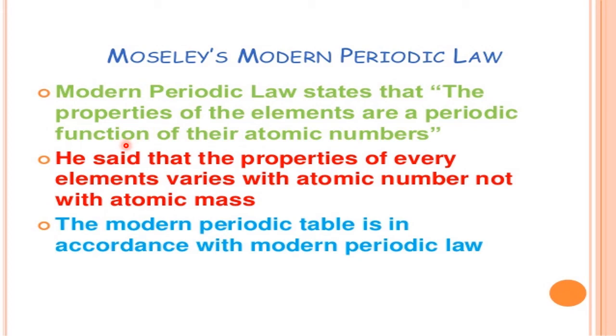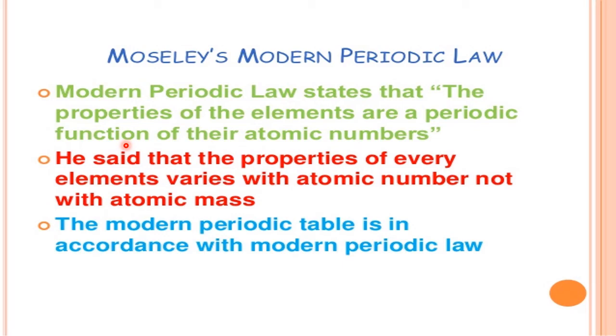After every interval of time, property repeats. This is called periodic function or periodicity. If you arrange in the increasing order of atomic mass, after a certain time interval, property repeats. This is called recurrence of properties, repetition of properties, or periodicity, or periodic function.